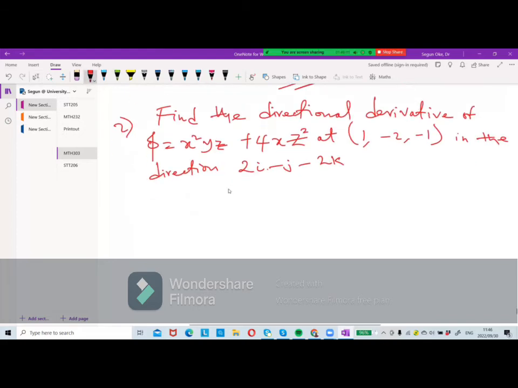So for us to find this, we know del phi is equal to del of our phi, which is x squared yz plus 4xz squared.